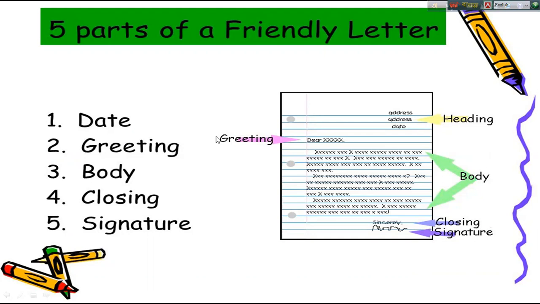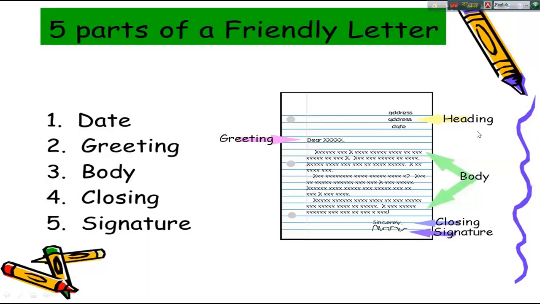Now, before writing, you should know what are the parts of writing a friendly letter or an informal letter. So look here, I have mentioned about 5 parts, and there is an example shown here, a model. Look here, the first one is heading.